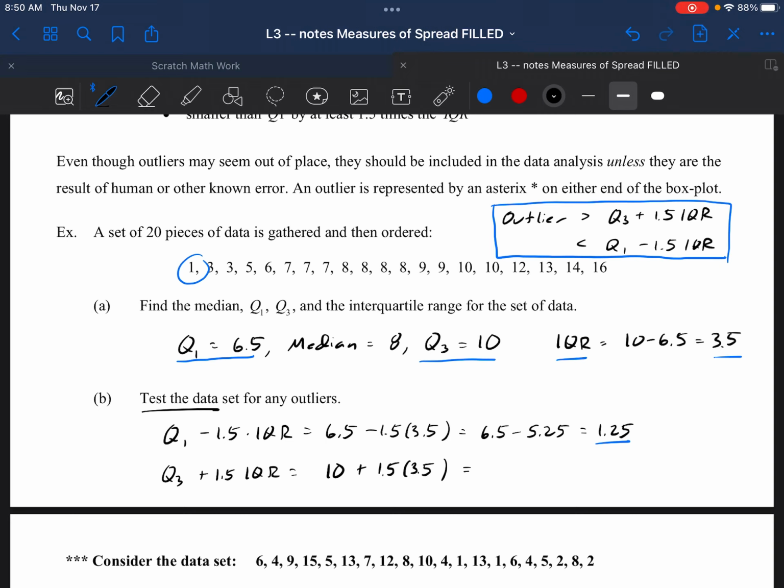So that's 10 plus 5.25, which is 15.25. So that's our value beyond which, if anything's higher than that, we have an outlier. And it just so happens we do, right? 16 is bigger than that. Okay? So we actually have two outliers.